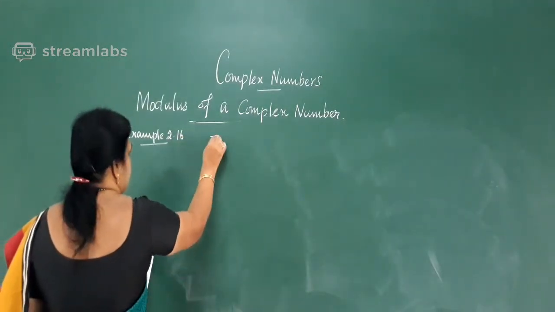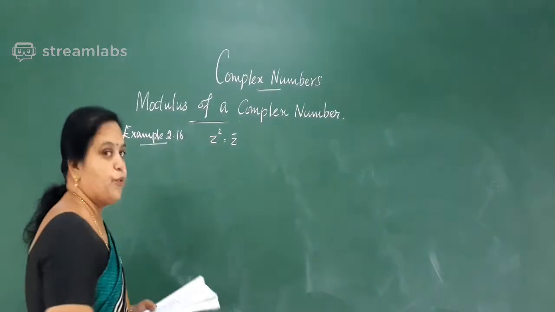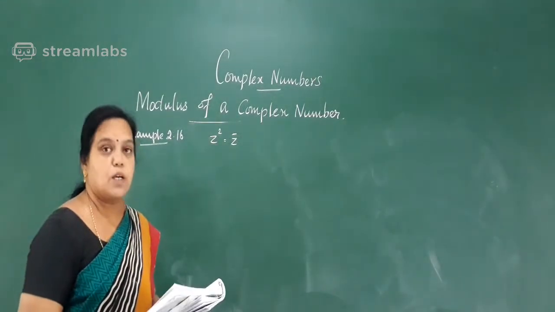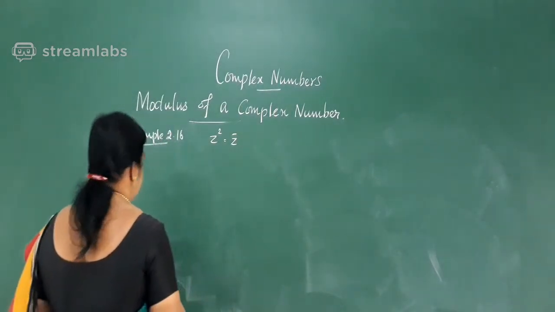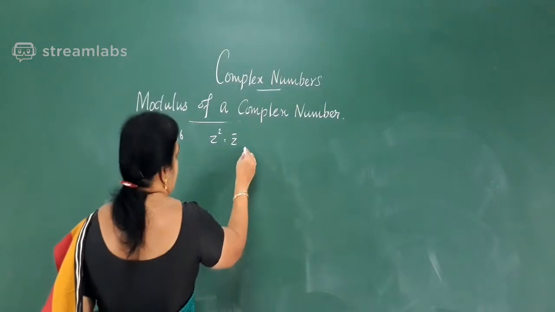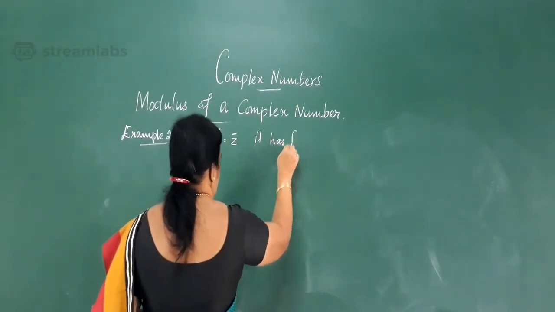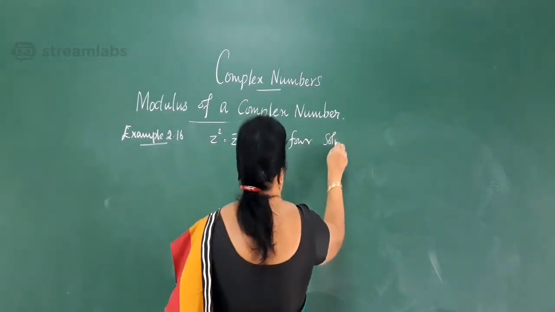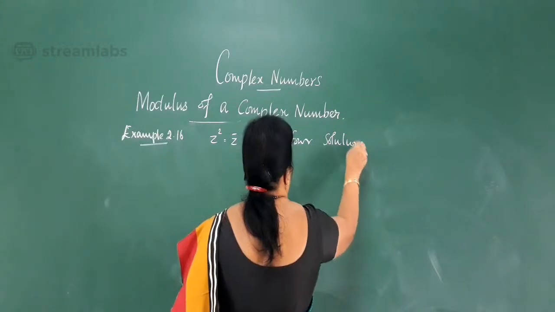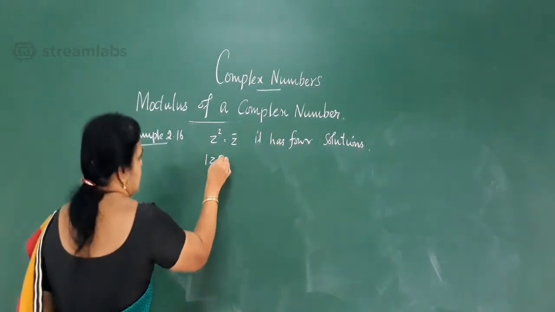Show that the equation z square is equal to z bar has 4 solutions. We have to prove it has 4 solutions. See, just take modulus on both sides.